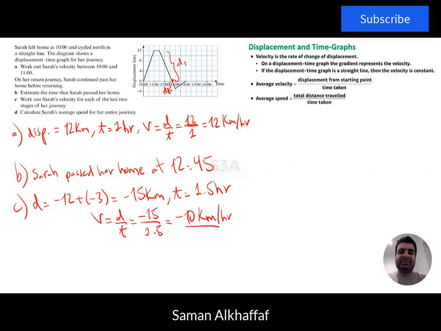Now, for the final stage, it goes up. So this is stage 1. Now stage 2, we would have displacement being equal to 3 kilometers as it goes up.